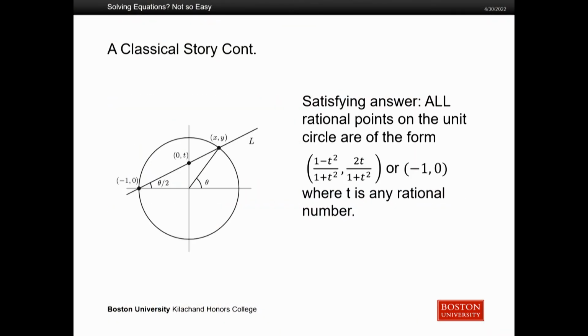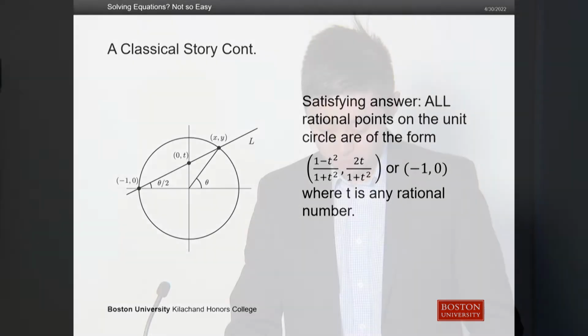This question turns out to have a very nice answer after doing some tricks and manipulations. So the way you do this is you take any of your favorite rational number that we call t. You plug it into that equation on the slide right there, you get yourself a rational point on the circle. So everything is nice up to this point.